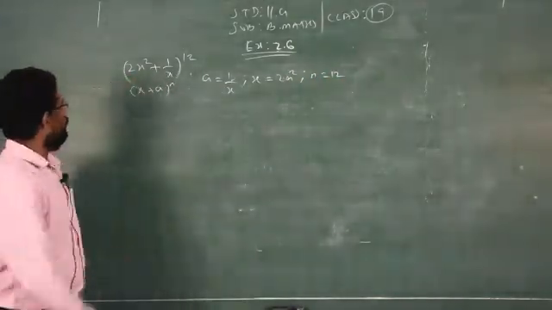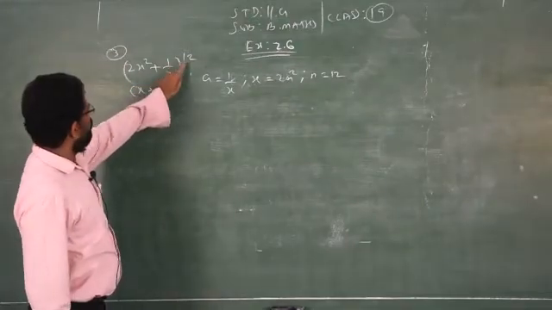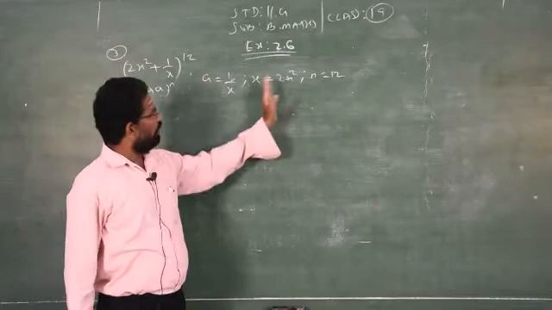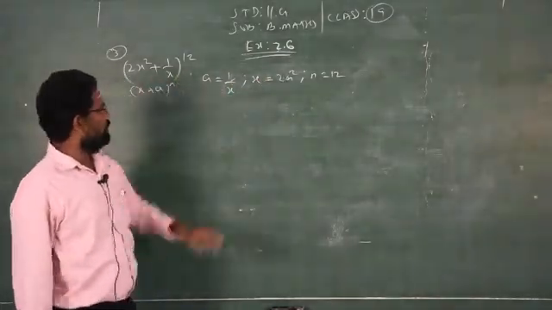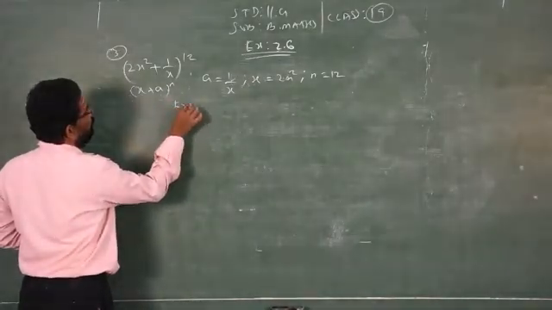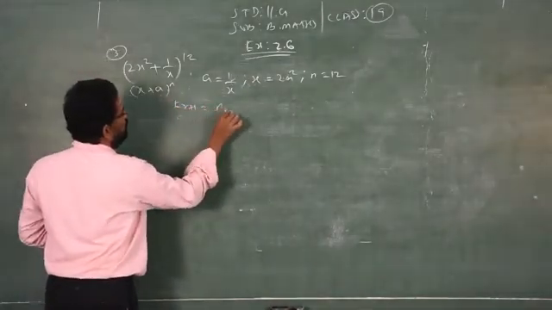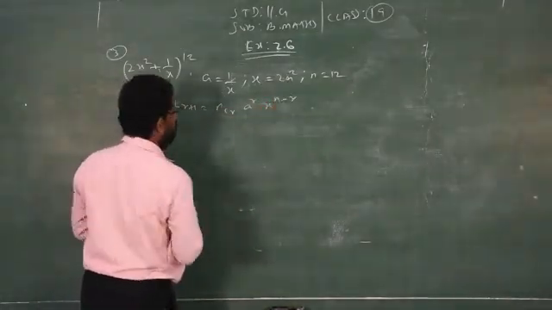So sum number 3, 2x square plus 1 by x whole power 12. Compare and write, you know how to find the values of a and x from the given question. Then the general formula, that is t r plus 1 is equal to nCr a power r x power n minus r.